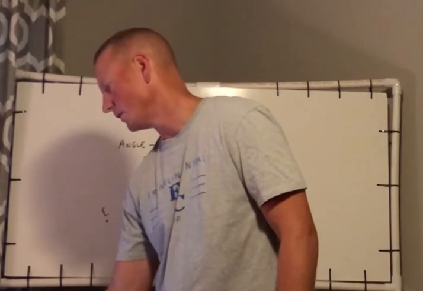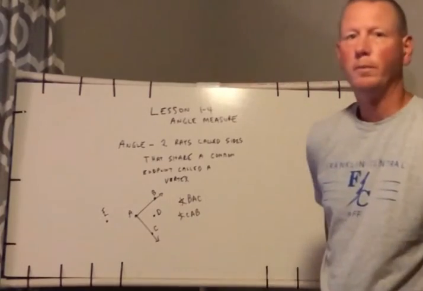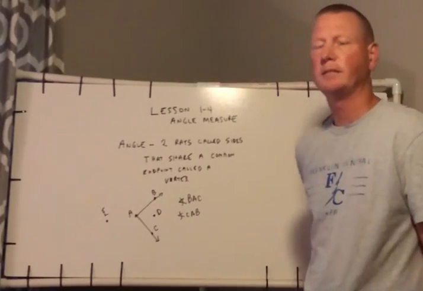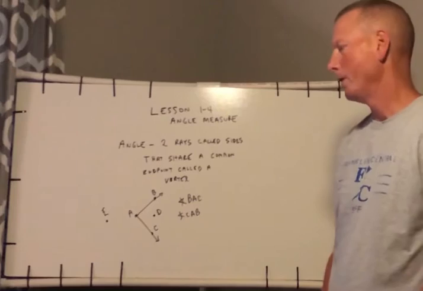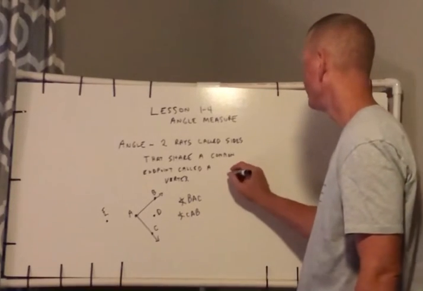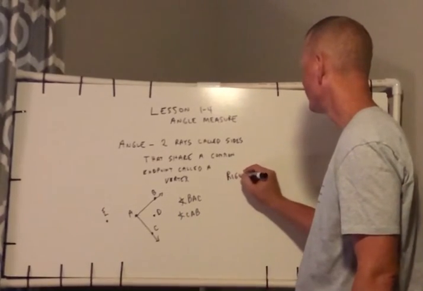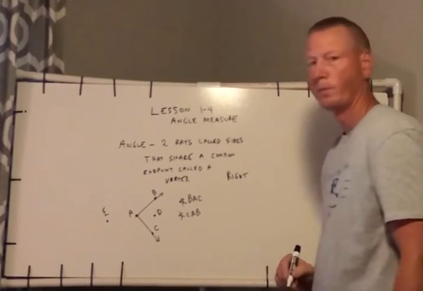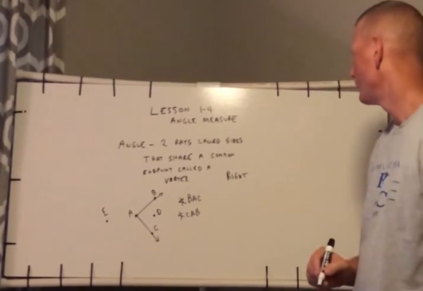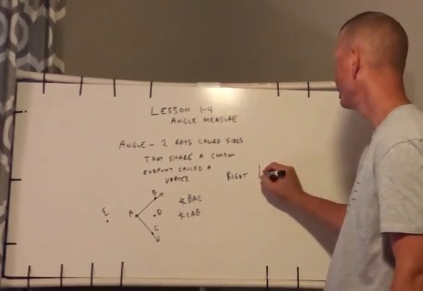We're going to talk about some different types of angles. I think it's important for you to be able to classify your angles. The first type is a right angle. We know that a right angle has a measure of 90 degrees.